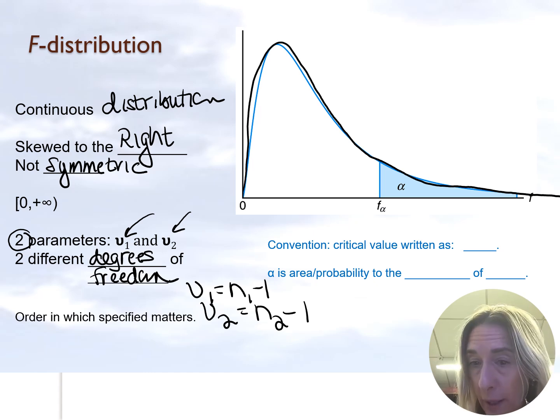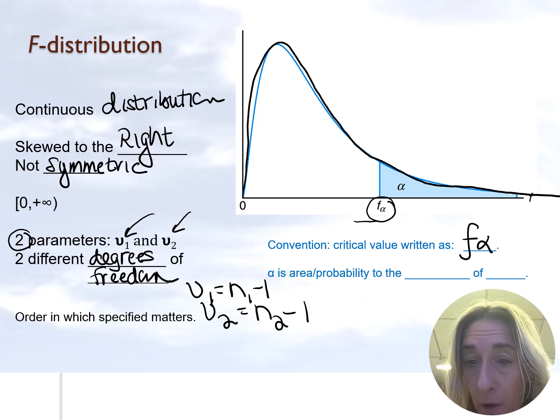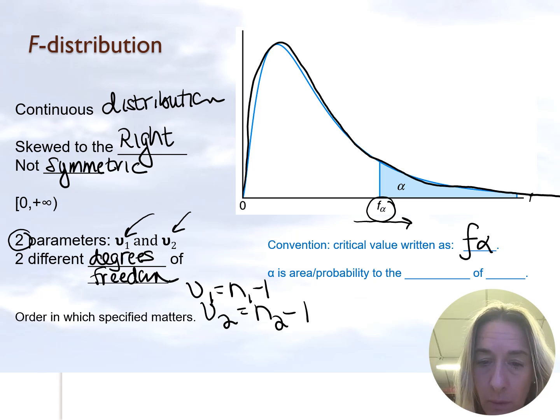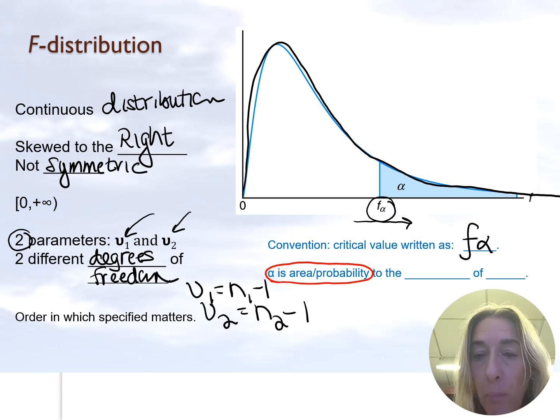The convention is to write the critical value of the F distribution as F sub alpha, just like you see right there. So F sub alpha sits along the x-axis. Alpha again is the area or probability to the right of F sub alpha.